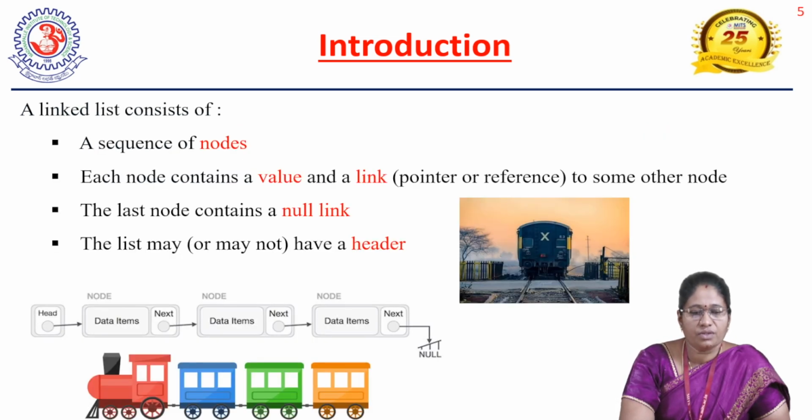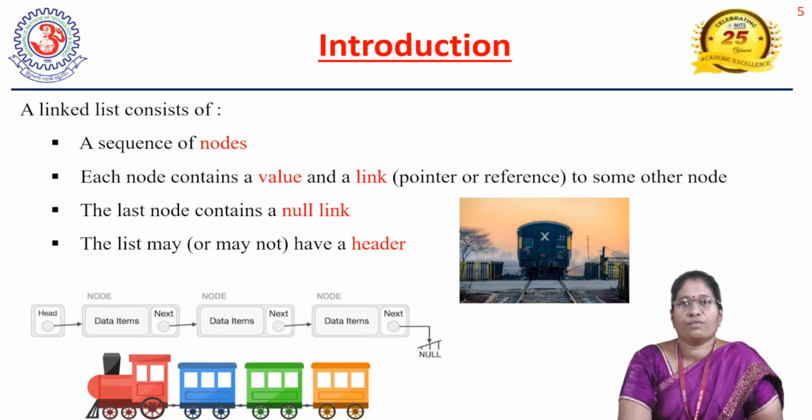If you go to the linked list, we should first know what a list is. A list consists of a sequence of nodes. If you look at the train picture, each compartment is a node. So the list contains a sequence of nodes, and each node has two portions.